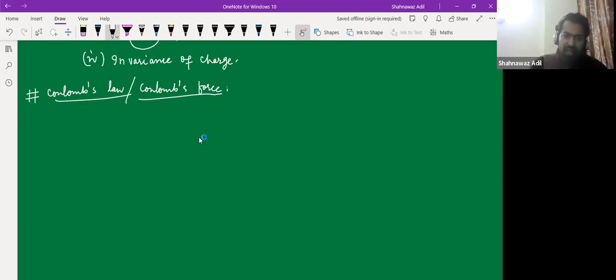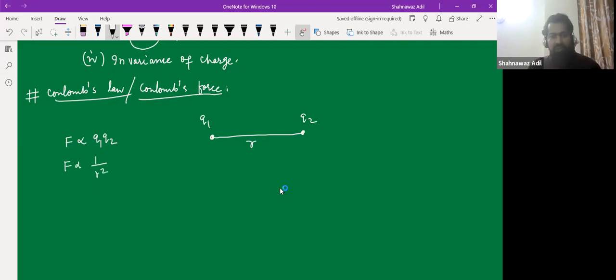It said that if we have two charges, let's say Q1 and Q2, and the separation between these charges is R, then the force between these charges would be directly proportional to the product of the charges and inversely proportional to the square of the separation.